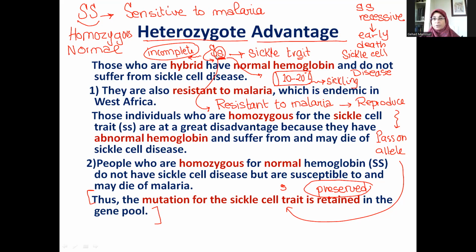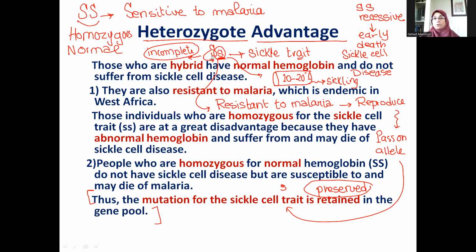So under certain conditions, the dominant allele is no more completely silencing the recessive allele. So for example, you will find that 10 to 20% of their hemoglobin is abnormal, and the symptoms of anemia will appear only if they are exposed to certain conditions like hypoxia at high altitudes, for example.